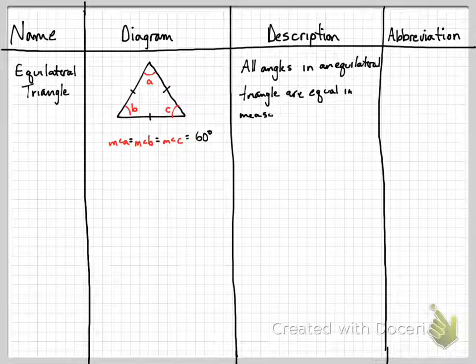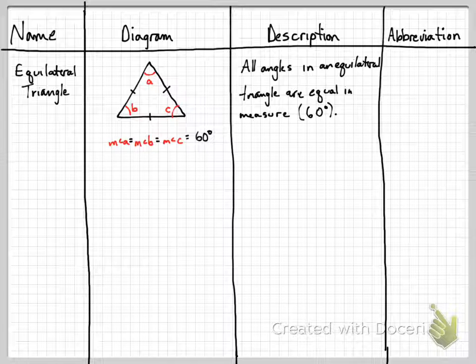And I'll also add, they're equal in measure, but I'll put in parentheses 60 degrees. Our abbreviation here is nothing super fancy. Just EQ and then the triangle symbol. Well, the problem with ET is that we already have EAT, so.